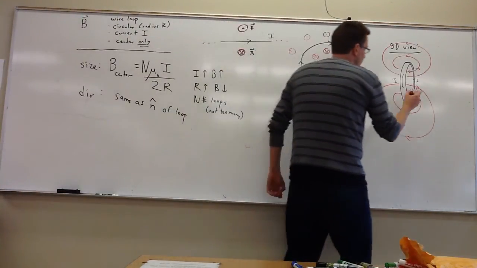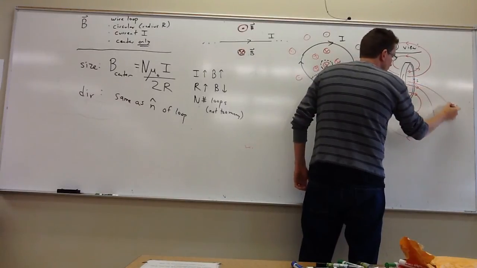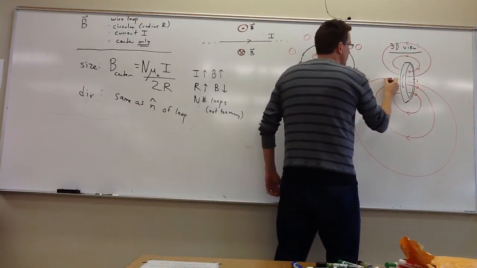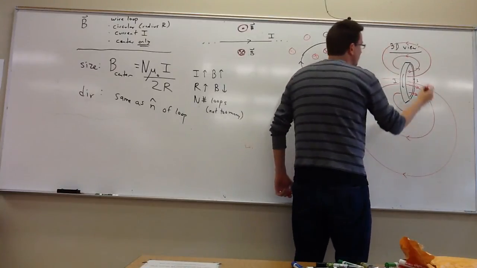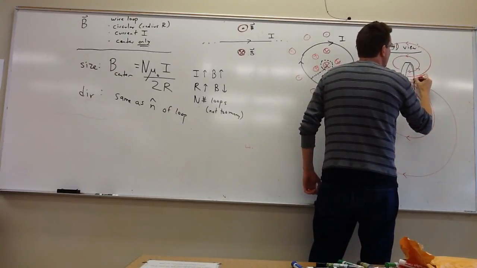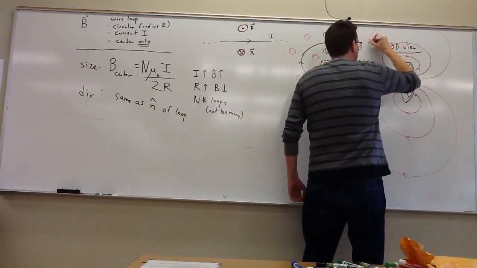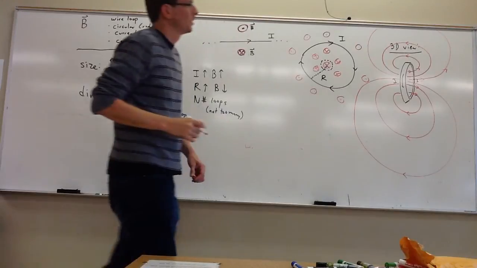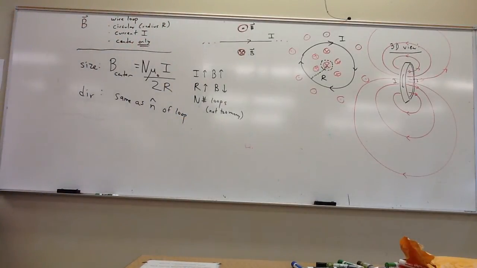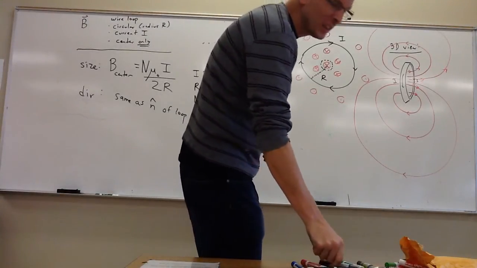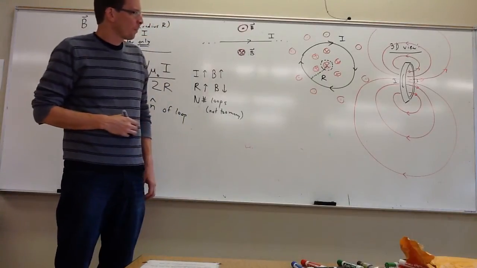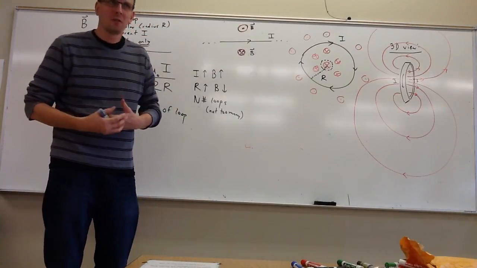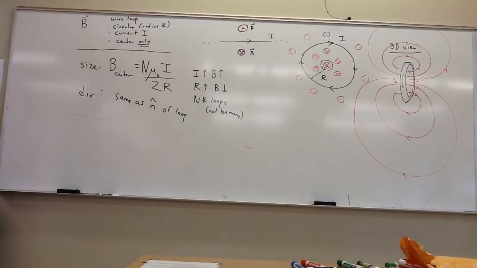Let me try to not mess it up anymore. That's the magnetic field overall. So you can see they form these kind of closed loops. It kind of is like a donut almost, right?